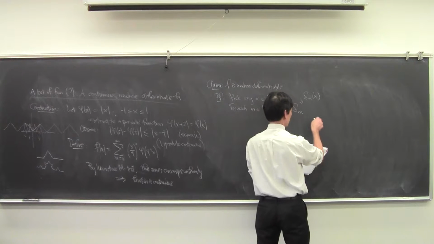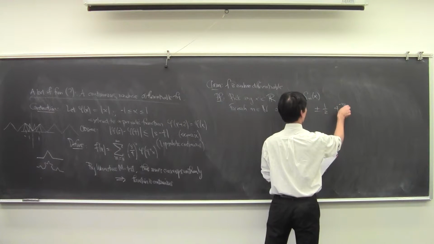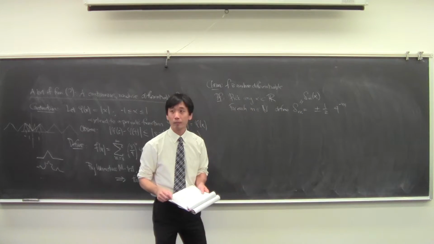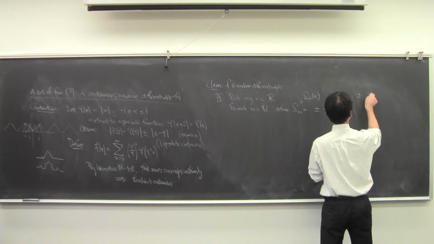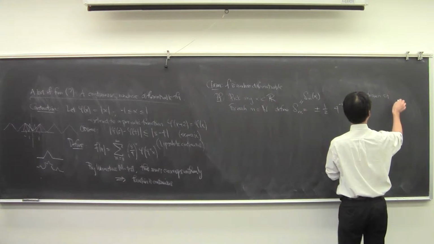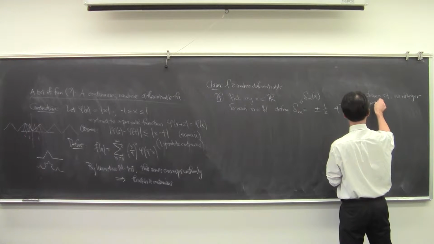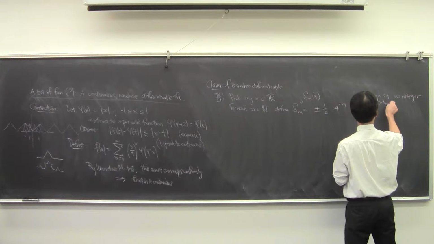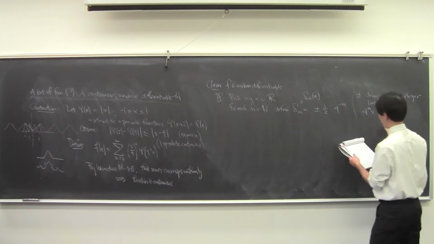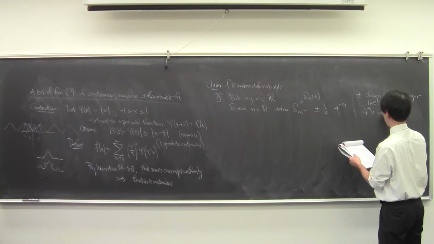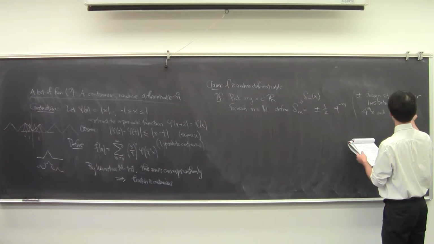Delta m is going to be either plus or minus 1/2 times 4 to the negative m, and this plus or minus is chosen so that no integer lies between 4 to the m times x and 4 to the m times x plus delta m.